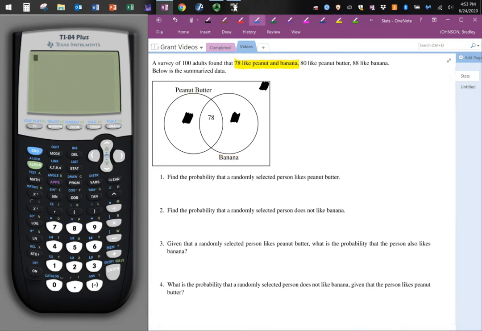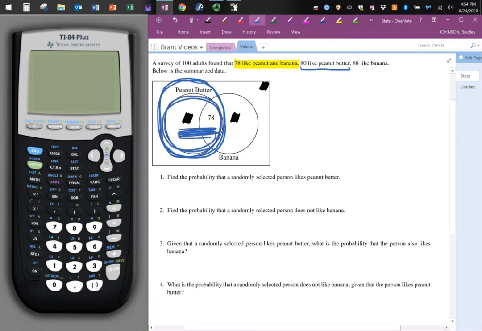Okay, now look at this next part, 80 like peanut butter. Well, in the peanut butter circle, that would enclose all of this, right? If I just circle this whole thing. So over here, I need to look at these two numbers to give you 80 total. So we have 78 right now, but you need to add 78 plus something to give you 80.